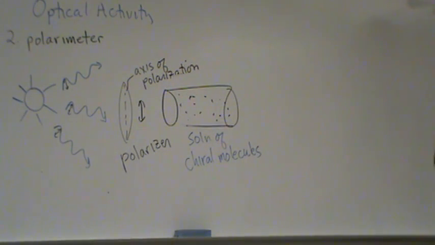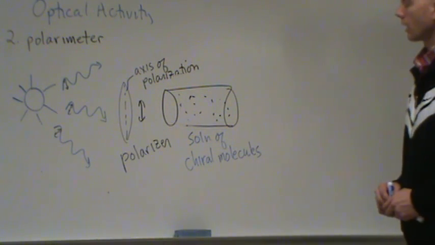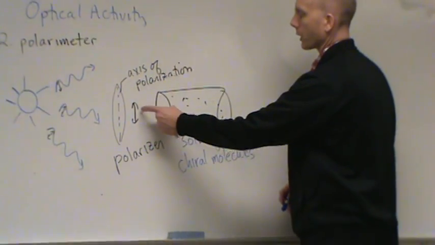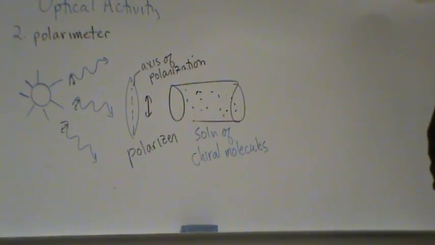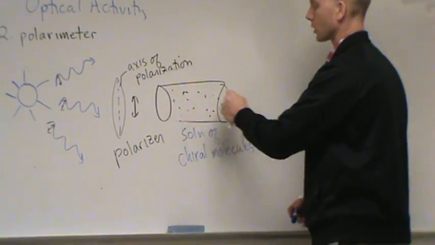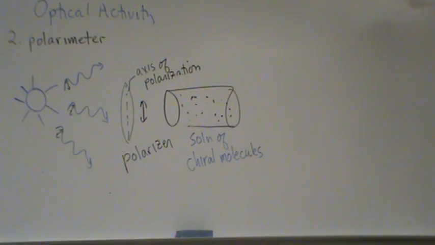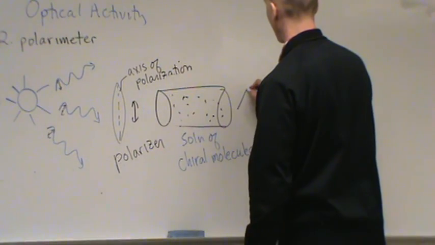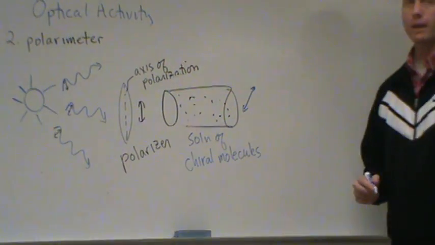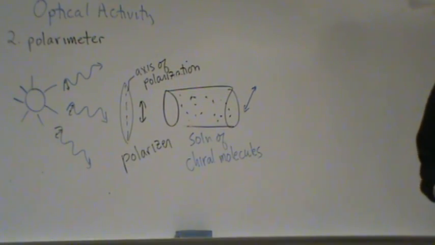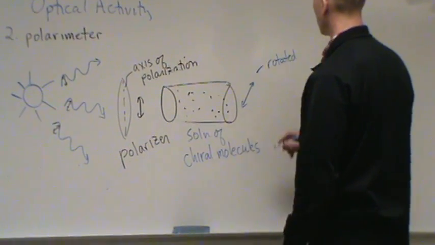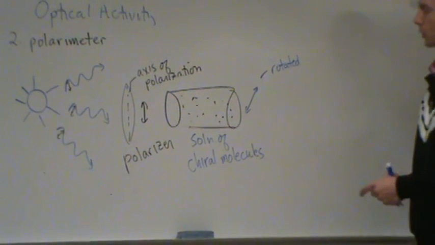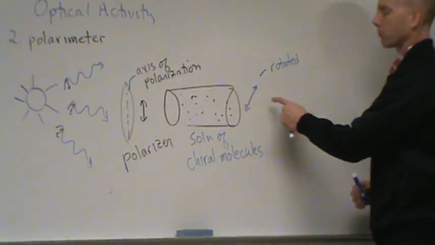Now this plane polarized light is going to shine through the tube, and it's going to interact with these chiral molecules so that when it comes out on the other side, it's going to come out, key point, rotated. So that's what chiral molecules do: they rotate plane polarized light.